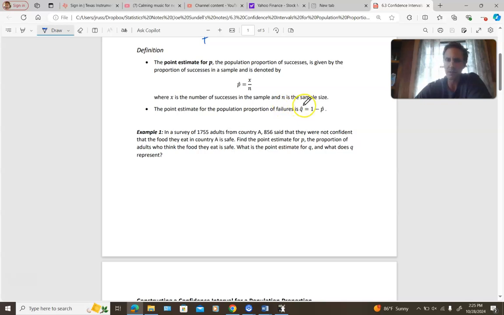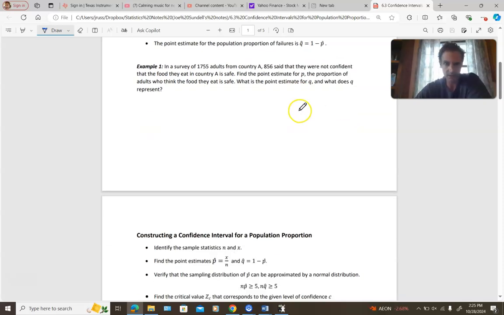Or in other words, in the context of presidential polling, the true percentage of the population that favors the other candidate, candidate Y, for example.